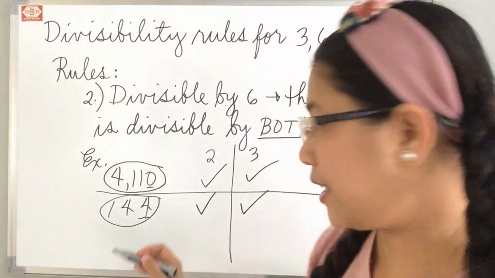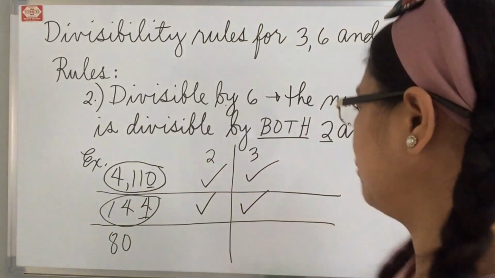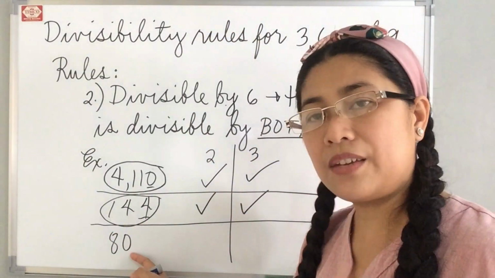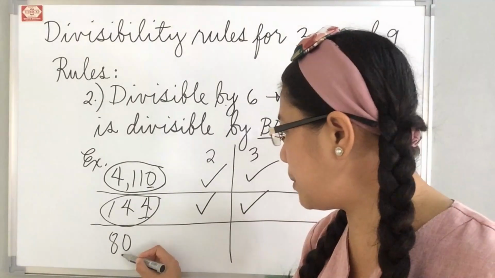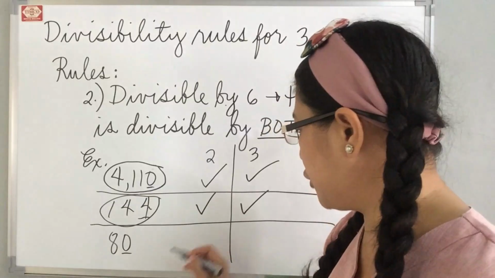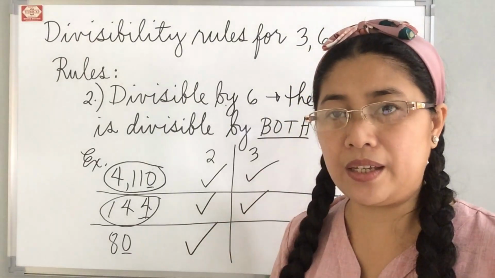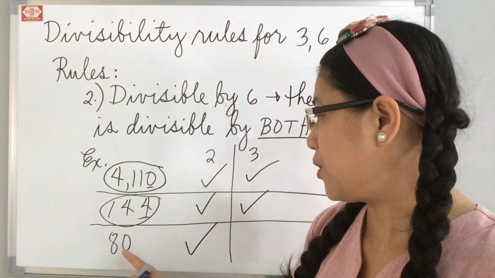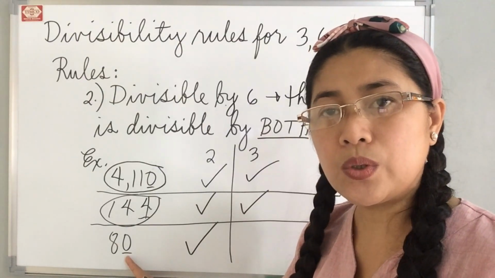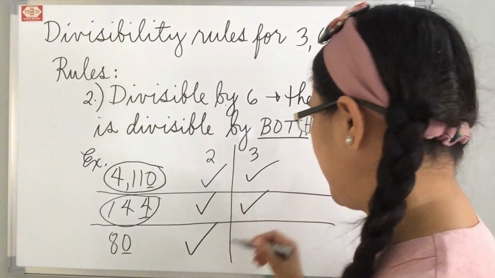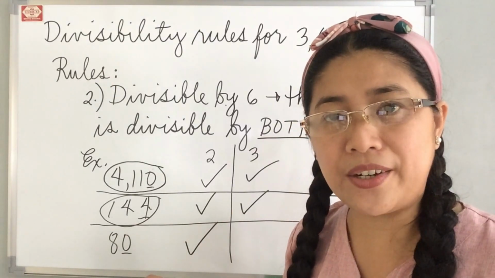How about this last number? We have 80. Identify if it is divisible by 2. Yes, it is divisible by 2 because it ends with 0. So let's check under number 2. How about by 3? Let's add the digits. We have 8 plus 0 is equal to 8. Can we divide 8 by 3 without remainder?